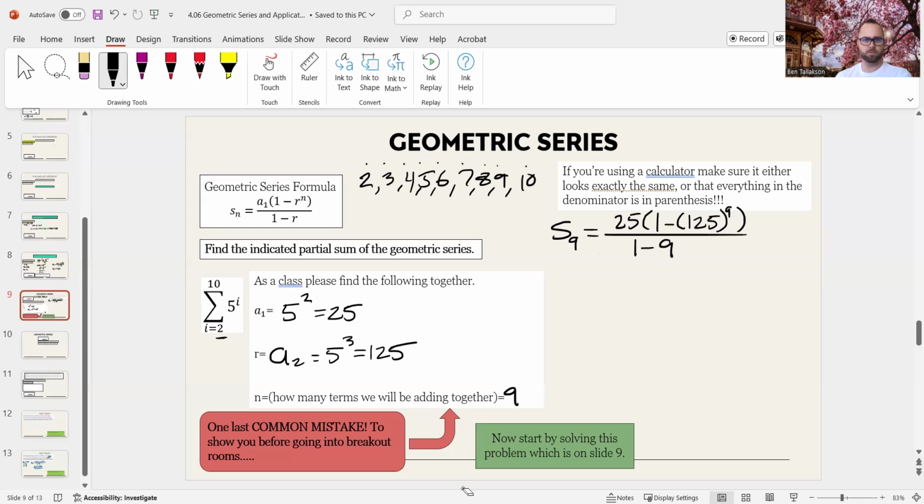And I made a mistake here, I believe. 1 minus R, yeah, that should be 125. I'm just double checking for a moment. A sub 1.